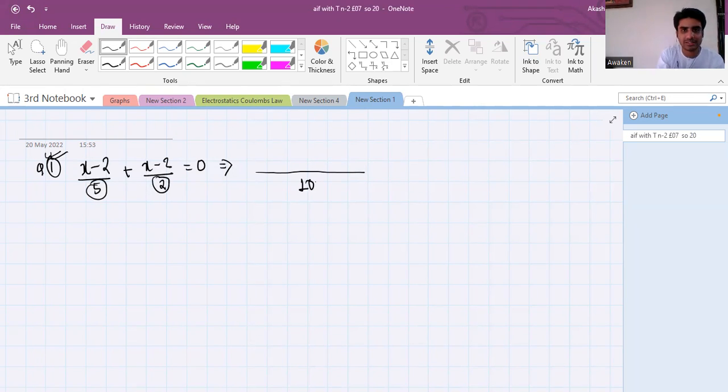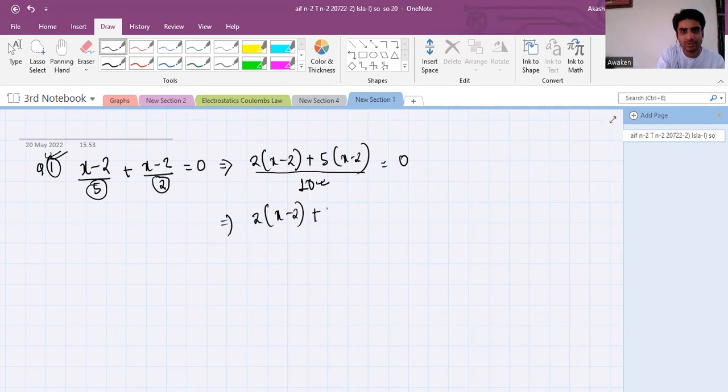So I took the LCM as 10. 2 into (x minus 2) plus 5 into (x minus 2) equals to 0 multiplied by 10. Yes or no? Yes, sir.